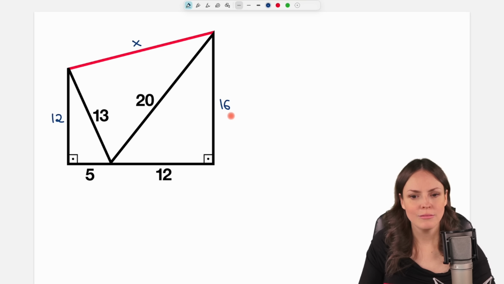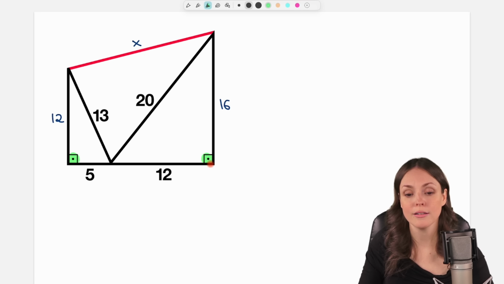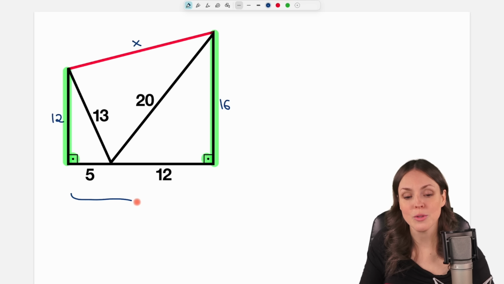Okay, how does this information help us now that we know the length of this side and the length of this side? Because we have a right angle here and another one here, we know that this side here is parallel to this side. And the distance between these two parallel green sides is 5 plus 12, so 17.